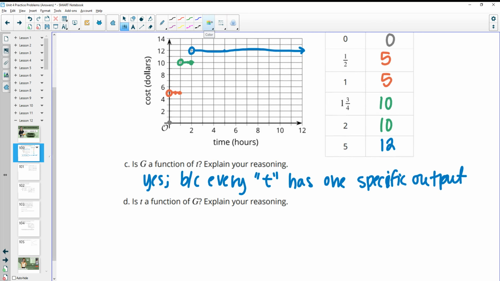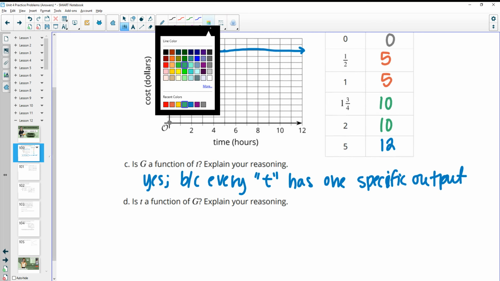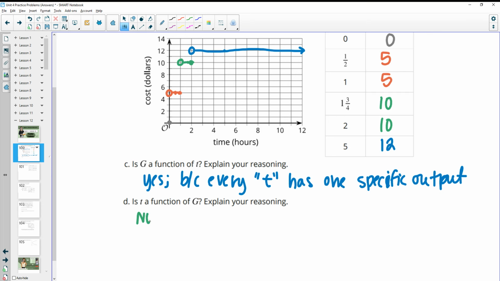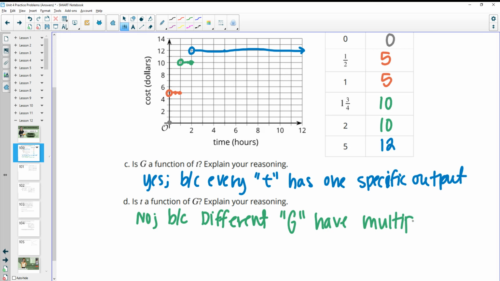Is T a function of G? And that one would be no, because different costs, which is the G, right? So different costs have multiple times that they go with. So multiple T's that they go with, T or times.